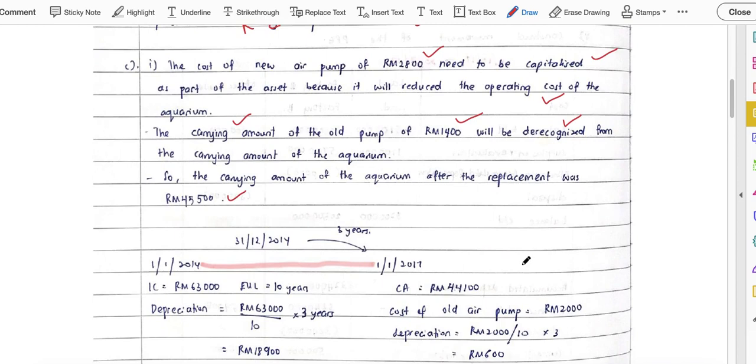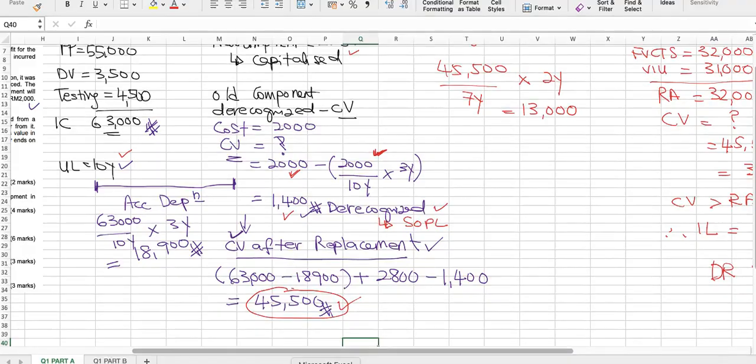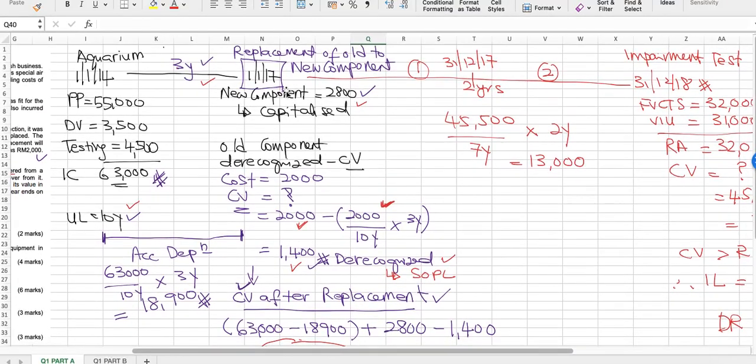Okay, next question is on the possible treatment of the transaction in 2017. So in 2017, what we did was replace a component: you remove the old component and you put in the new component.